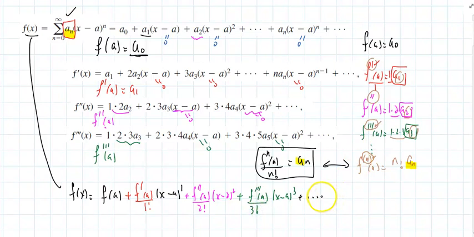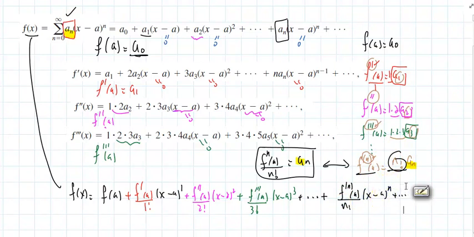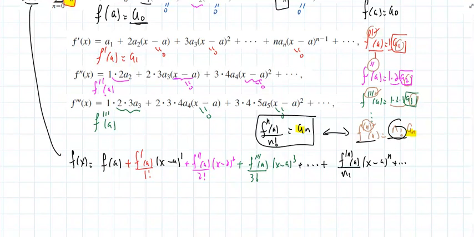And when I get to the nth term, a sub n, that term would be the nth derivative of a divided by n factorial times x minus a to the n, and the list goes on. And that's really how it works.